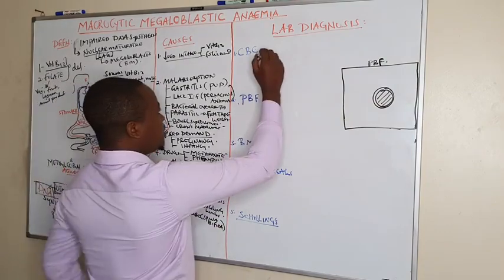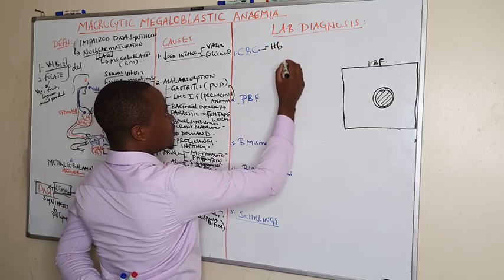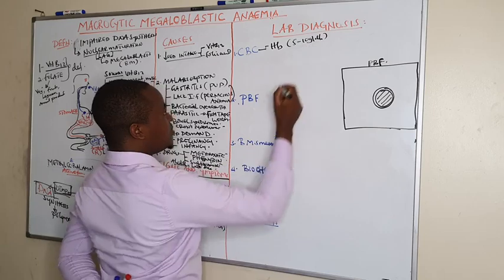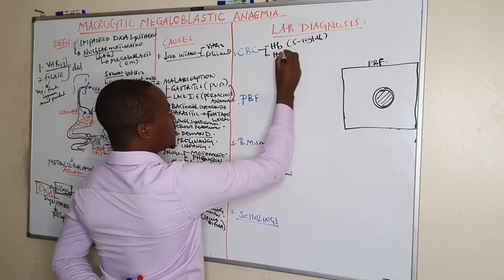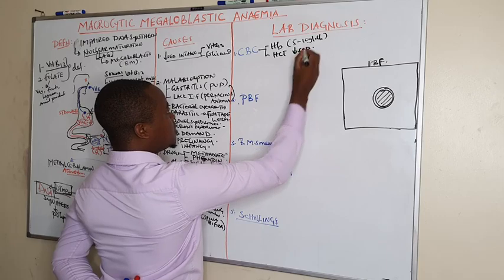And under CBC, we are going to look at hemoglobin concentration, which is always between 5 to 10 grams per deciliter, meaning Hb is low. Then even hematocrit, or what you can call PCV, is also decreased.